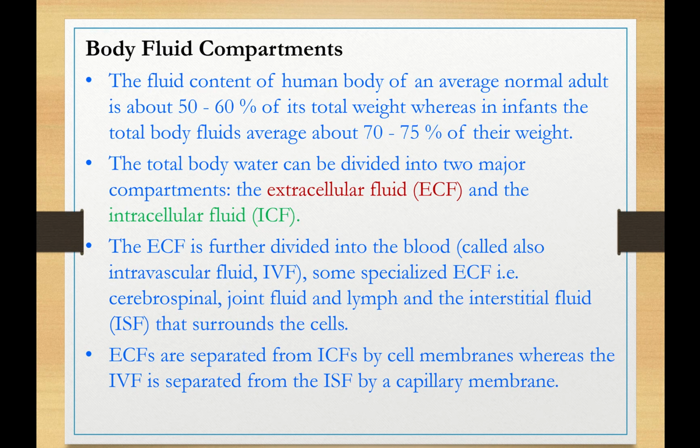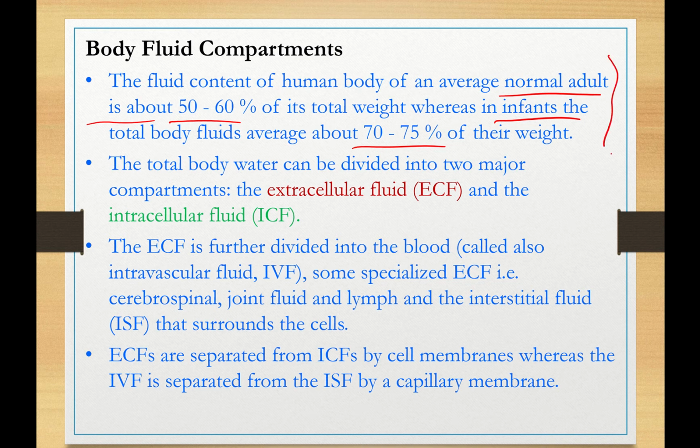First, let's go through our body fluid compartments. We need to get familiar with the body fluid compartments first, because that's where the electrolytes dissolve, right? Now, for normal adult individuals, body fluids are about 50 to 60% of our total weight, whereas in infants, the total body fluids are actually much higher, 70 to 75% of their weight.